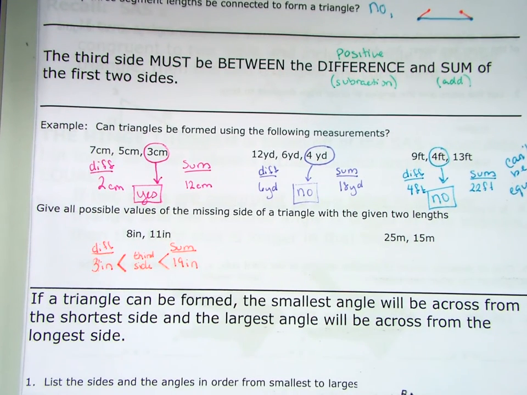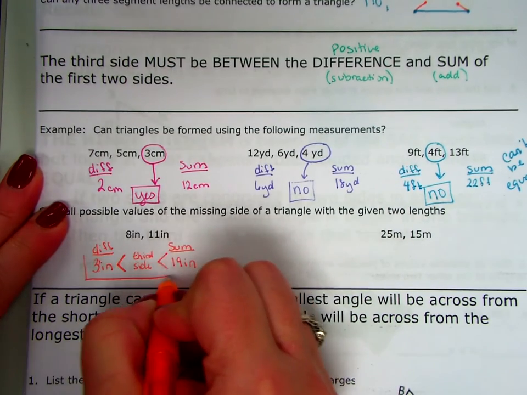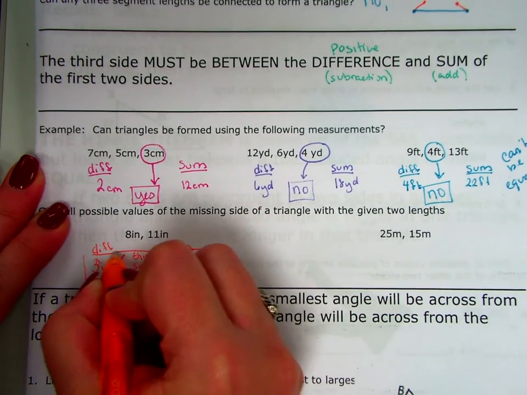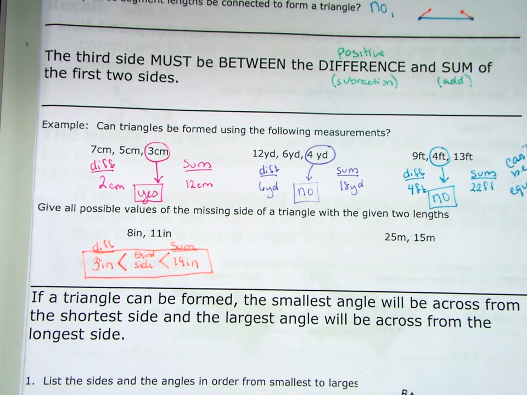So 3 inches is less than the third side, which is less than 19 inches. That's the way we write that. And that takes into account everything between 3 and 19, every single decimal value between 3 and 19. That make sense?